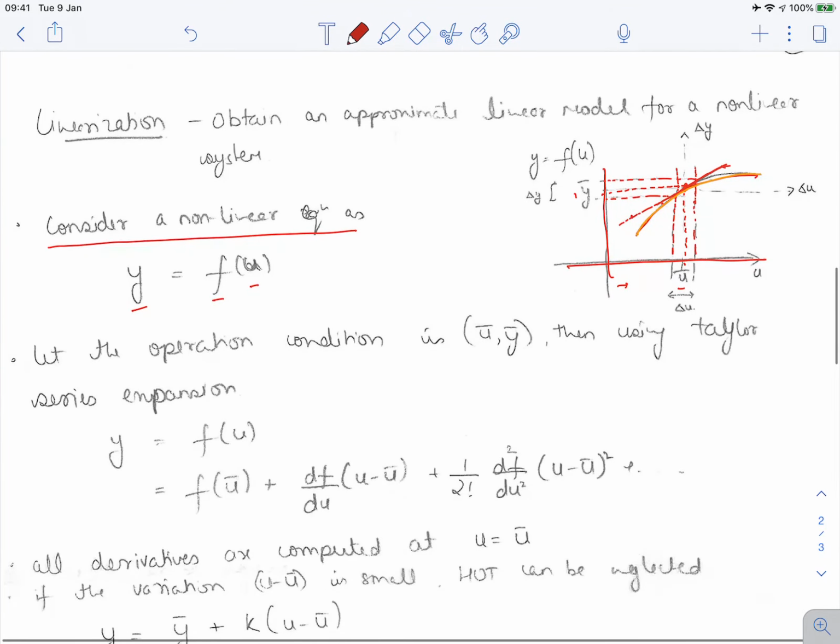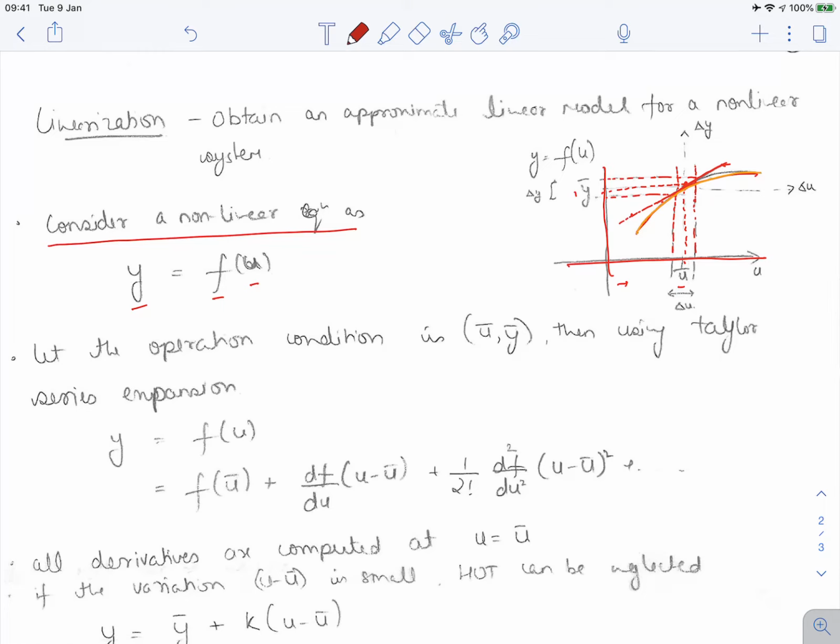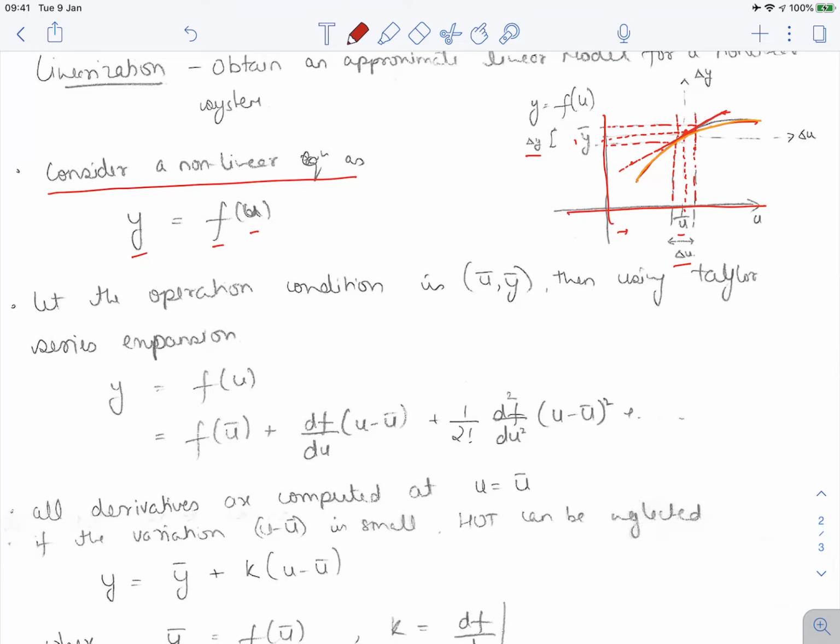Now let's mark this region as delta y, and similarly around this u bar we call it delta u. Okay, so we make use of the Taylor series expansion that you have possibly studied in your plus 2 to achieve our objective.